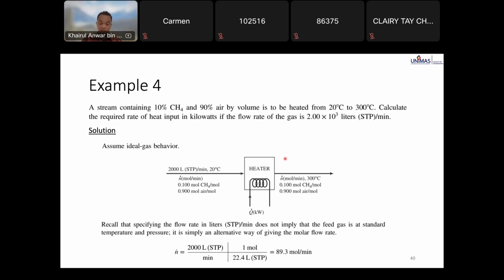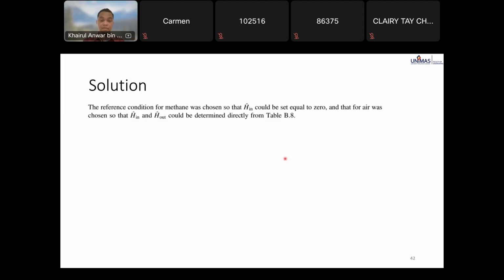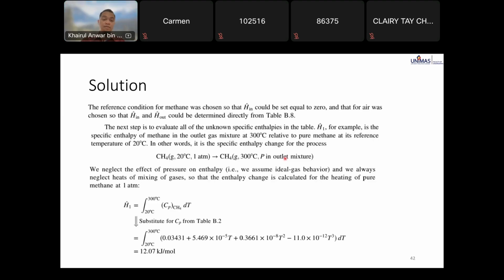So this question chooses specific reference temperature of 25 degrees C for air because of table B8. So the reference condition for methane is inlet so that delta H in could be set equal to 0, since the temperature is the same, so delta T is 0.